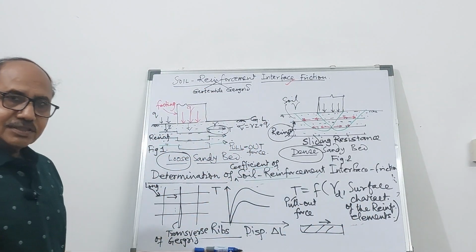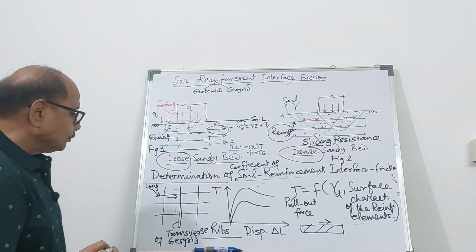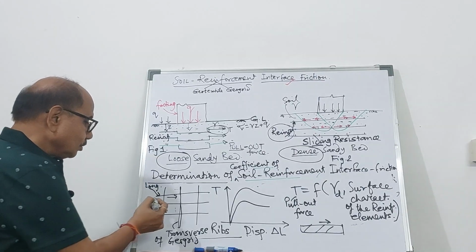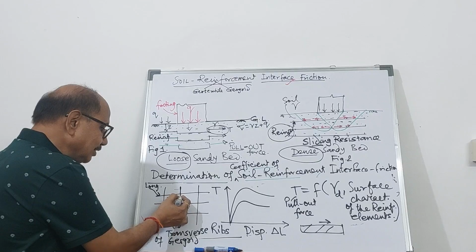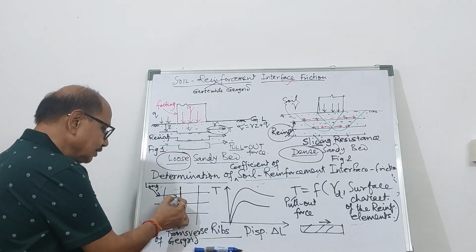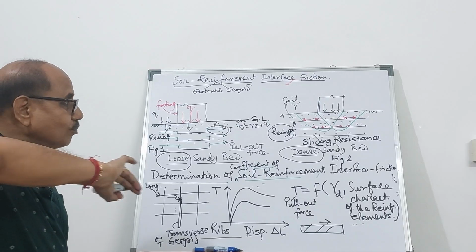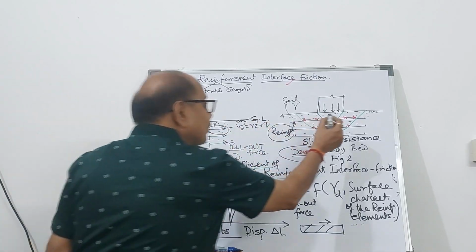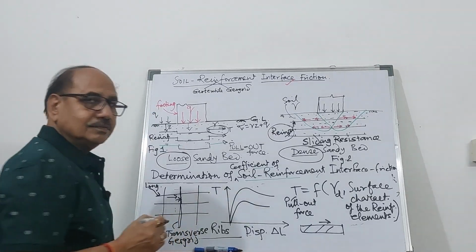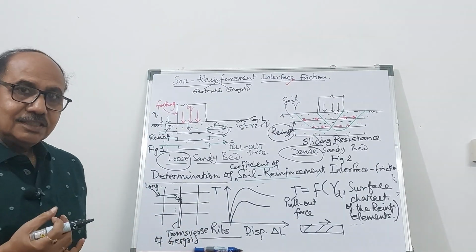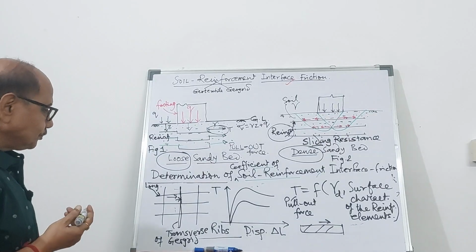There are no transverse ribs. In the geogrid, the particle will hit the transverse rib and will be prevented from moving, leading to higher pull-out resistance.